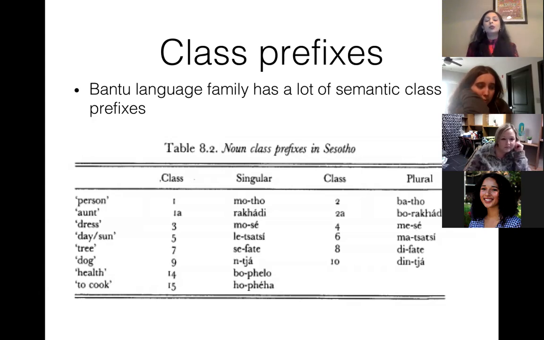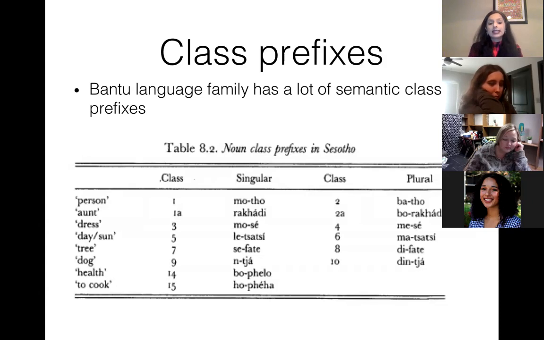So you have the word for person, first noun class, in the singular form, motho, and in the plural form, class 2, batho. So now you can see that mo is the first noun class, and ba is the second noun class, even though it's the plural version of the singular noun person.